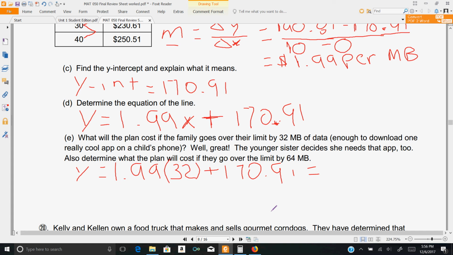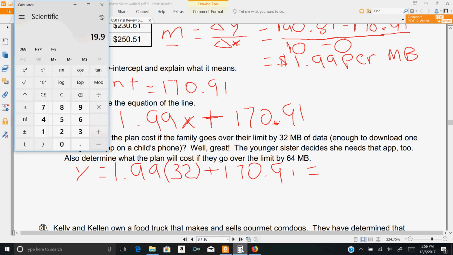At this point, I just put that in the calculator: 1.99 times 32 plus 170.91.